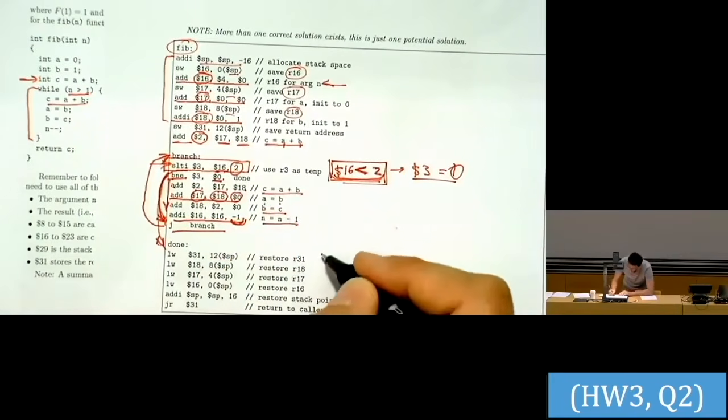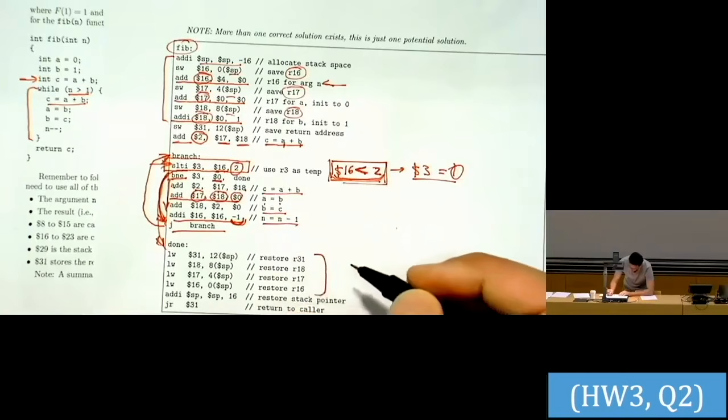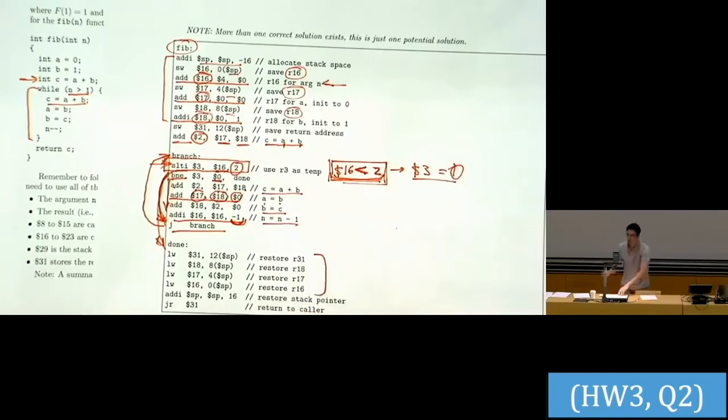And the very last part that you can find here in the code is this restore, because remember that in the beginning what we did was storing the content of these temporary registers in the stack. Now, right before leaving the function, we have to restore the contents of the registers.